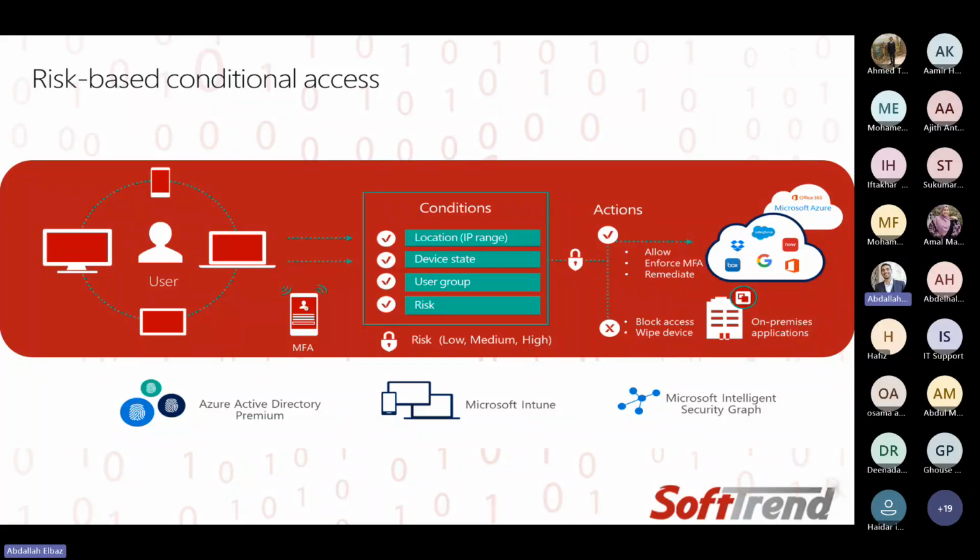If this user has a suspicious login or activity, the action can be to allow or block, or I can grant the access, and we will see it in the next example.